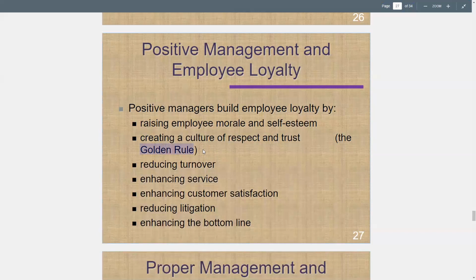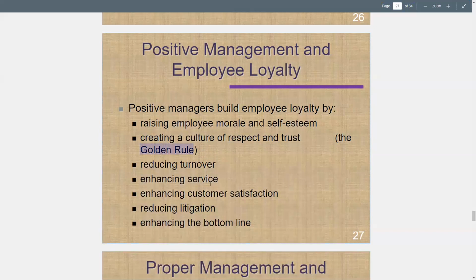And guess what? When you treat your subordinates with respect, it usually results in them treating you with respect and appreciating that. It doesn't work 100% of the time. Nothing does, but in the long run, it is going to pay dividends when you treat folks that way. It's also going to reduce turnover, which means you're going to have to spend less time hiring people, less time training people, less time dealing with the inevitable errors that the newcomer is going to make.